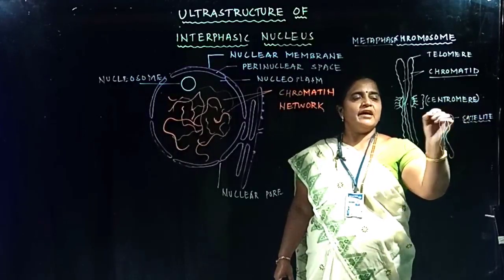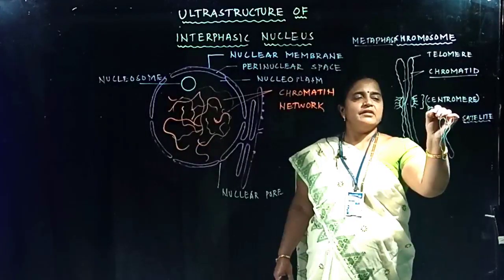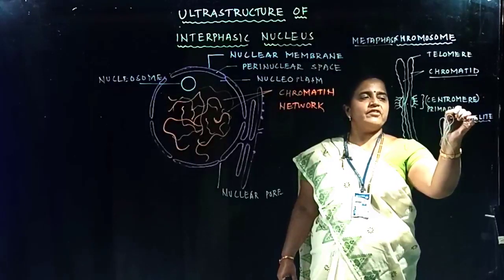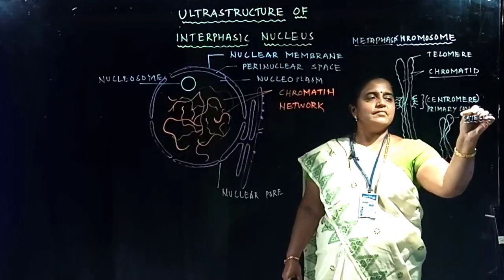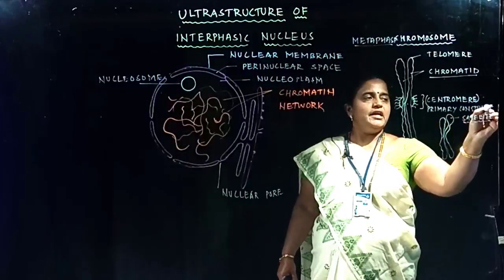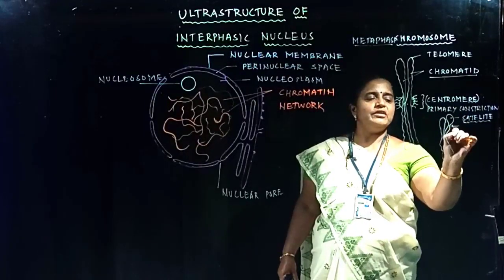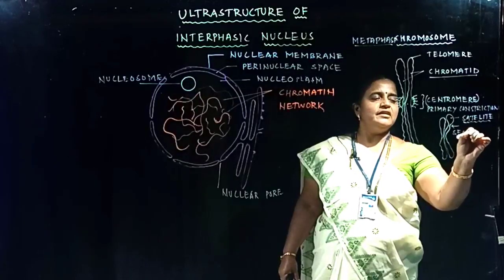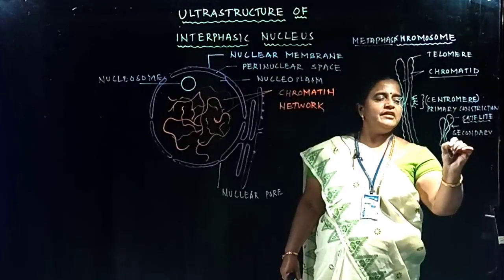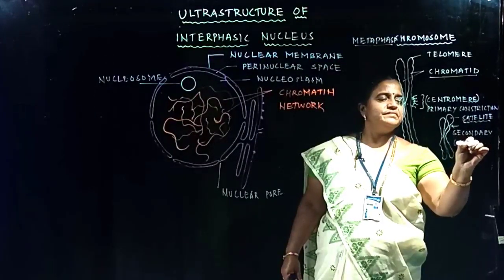This centromere is highly protected, giving the primary constriction. If a satellite is there, below it the narrow region, if found, is known as the secondary constriction.